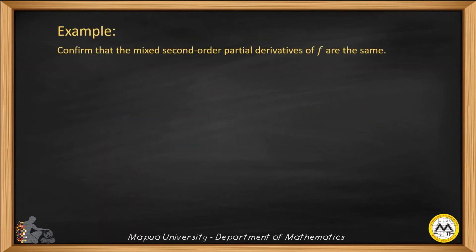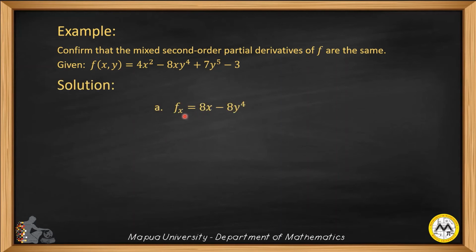In this particular problem, we are asked to confirm that the mixed second order partial derivatives of f are equal given the function f of xy equal to 4x^2 minus 8xy^4 plus 7y^5 minus 3. So we proceed as follows. We first determine the partial derivative of f with respect to x, differentiating this with respect to x while holding y constant, and the result would just be 8x minus 8y^4.